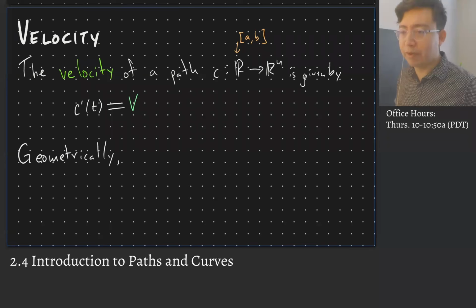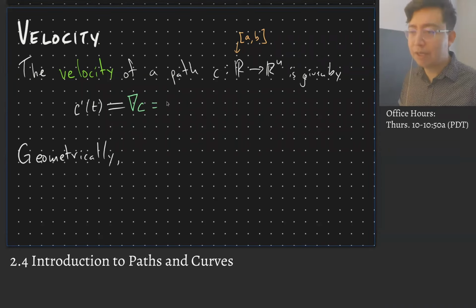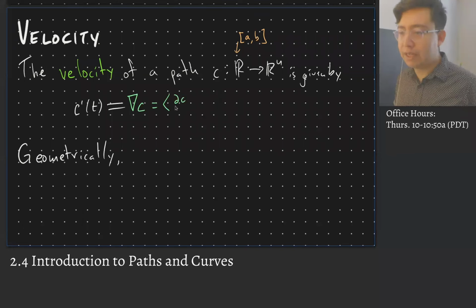Specifically, it's going to be the gradient of c, which, if you don't remember, is the vector given by dc1 with respect to t, and then, this is not the gradient, it's the total derivative, thought of as a vector. And then dc n with respect to t.